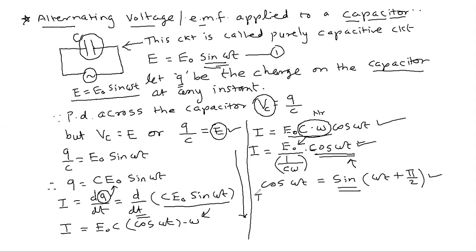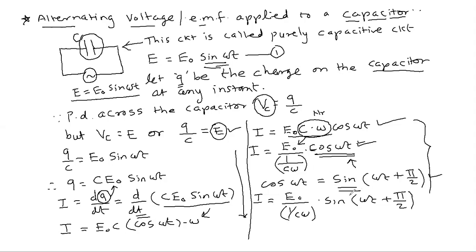So I get I is equal to E naught upon 1 upon c omega into sine of omega t plus pi by 2. I hope all of you understood this equation.